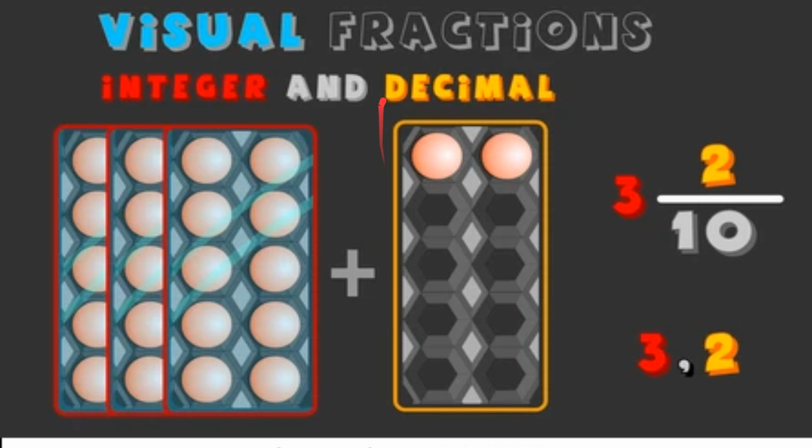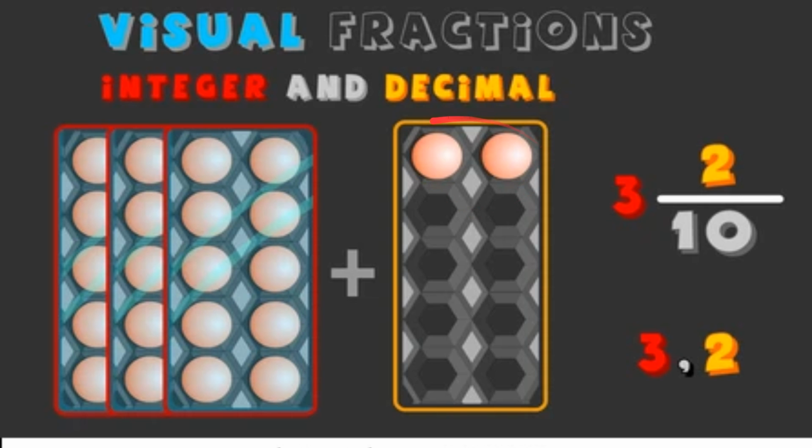Here is a visual about some fractions, and we have got integer and decimal parts, right? For example, here we have three whole numbers, the integer part, and then there are two in the decimal part.